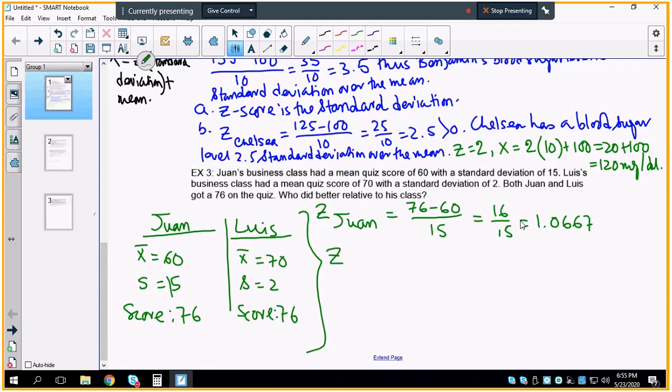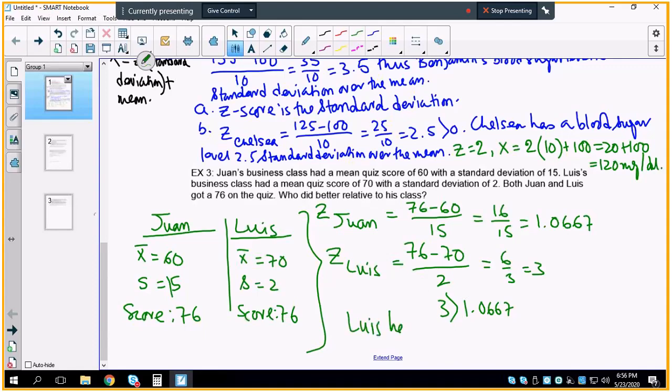But for Louis, his z-score is his raw score 76 minus the mean, this time 70, over the standard deviation of 2. So this is 6 over 2, and that's 3. And since 3 is greater than 1.0667, I will say Louis has done relatively better.